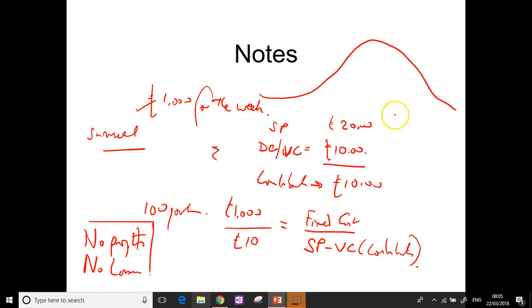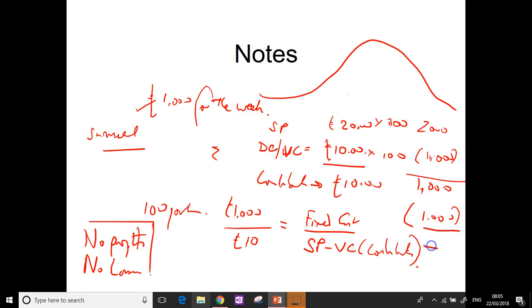When I sell 100 portions of chips, I will have 2,000, take away my variable cost of 1,000, giving me my total contribution of 1,000. Then I will take away my fixed cost of 1,000, giving me no profits at all.